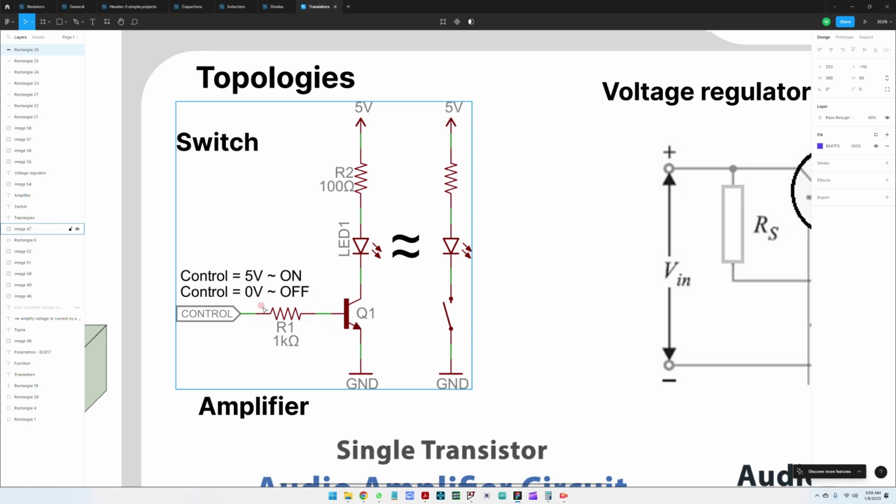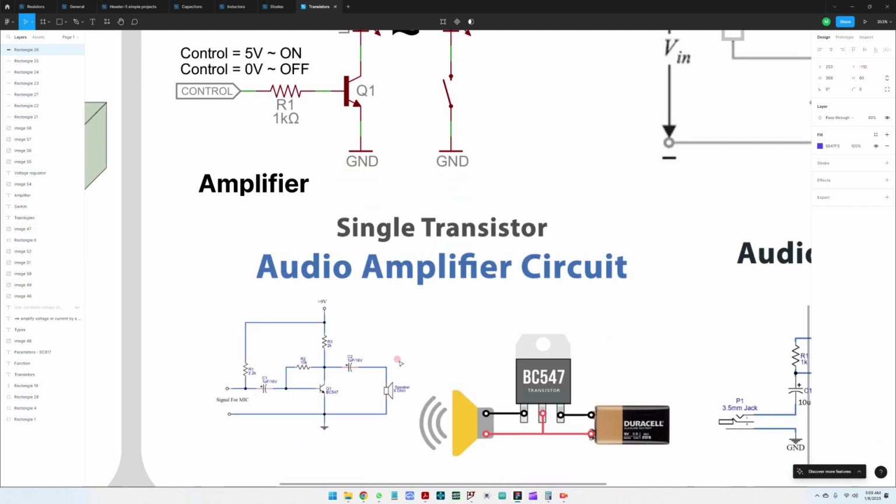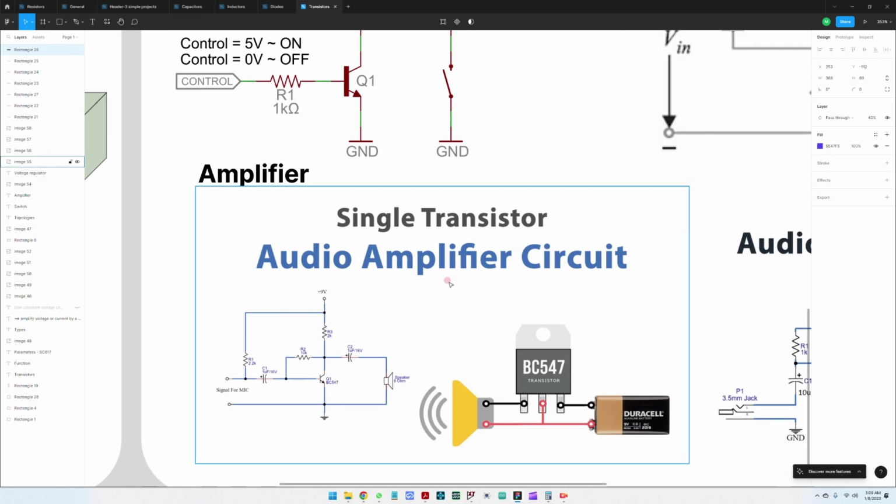It took the current going into the base and did a times 600 amplification, and this would act as going from no current passing through here to the maximum current that can pass through here. With an amplifier, it's totally different. You are working to amplify the value here on the input.